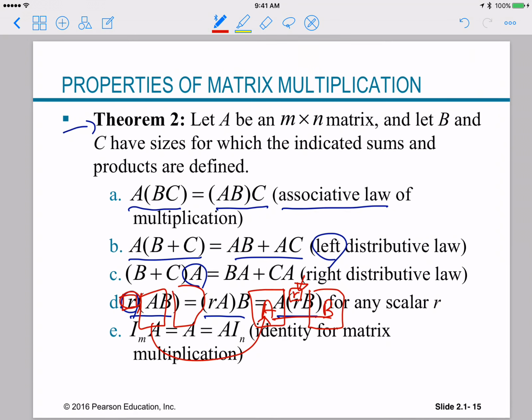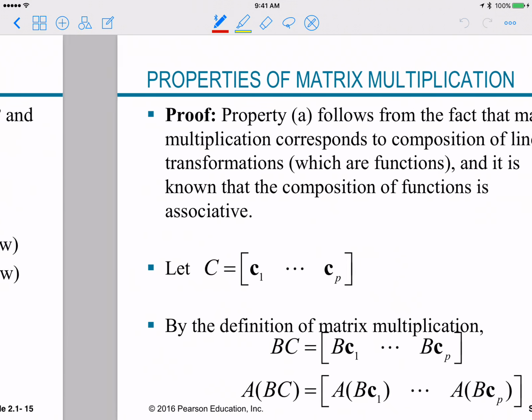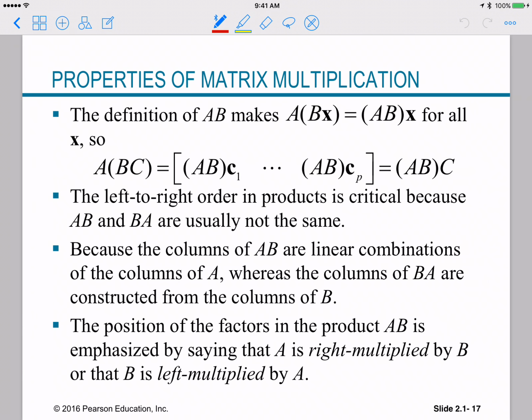Then this identity matrix will not change the matrix A. Okay, so we will basically skip the proof, but I encourage you to check out and follow closely the proof, okay?